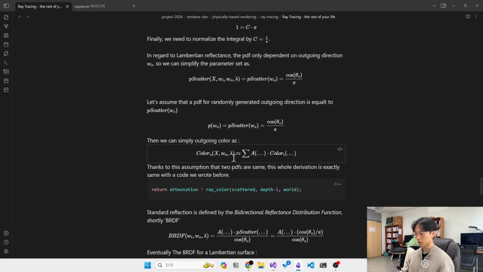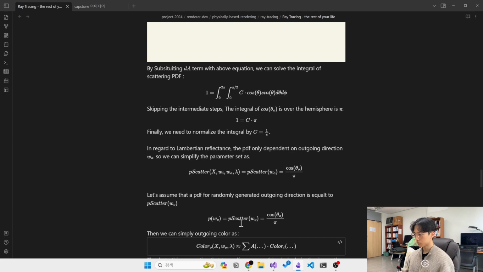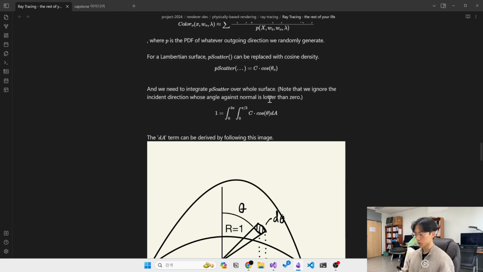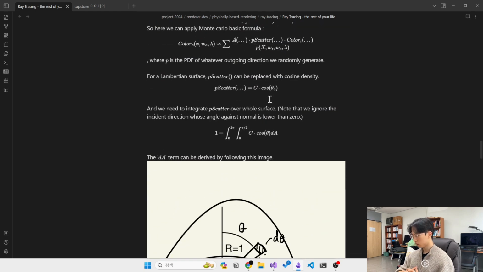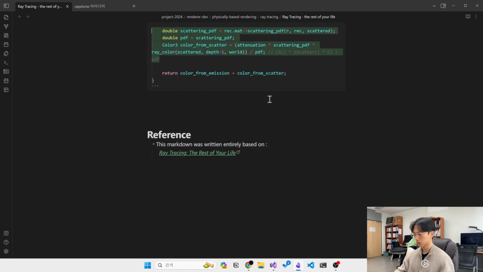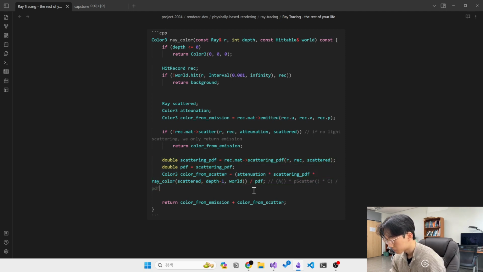And by following this equation, although we are making an assumption that p scatter and the PDF in the denominator are the same in the Lambertian surface, we just represent it in the whole rendering equation without abbreviation. So this equation is exactly the same as the mathematical representation above.